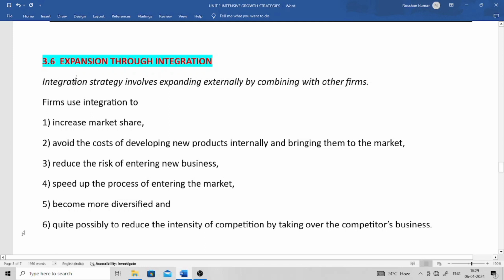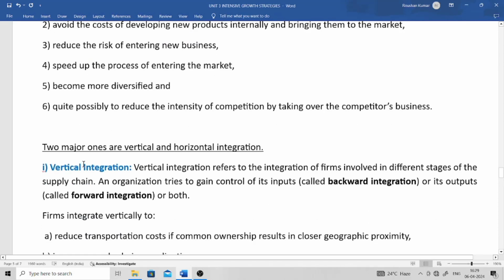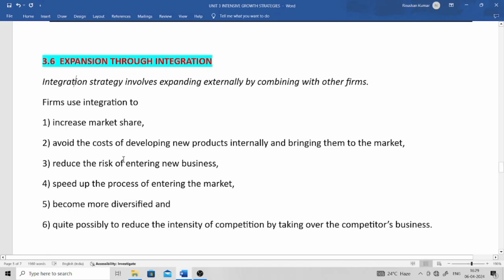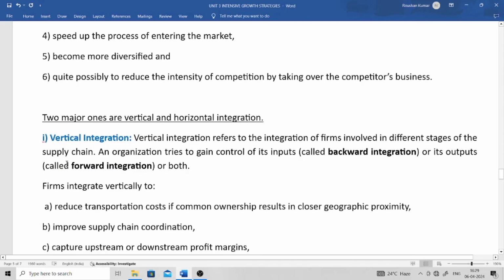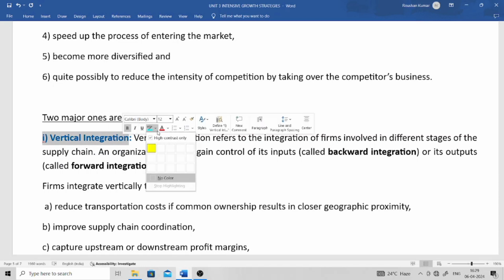An organization tries to gain control of its inputs or its outputs. Whenever a firm tries to gain control of its inputs, that is called backward integration, and when it tries to gain control of its outputs, that is called forward integration. So that's about vertical integration.